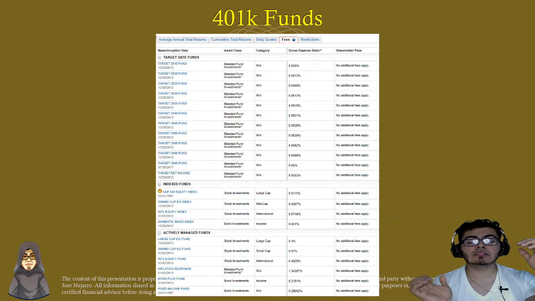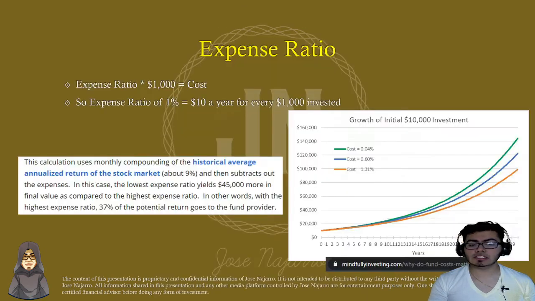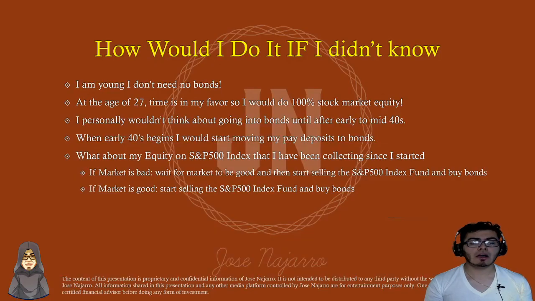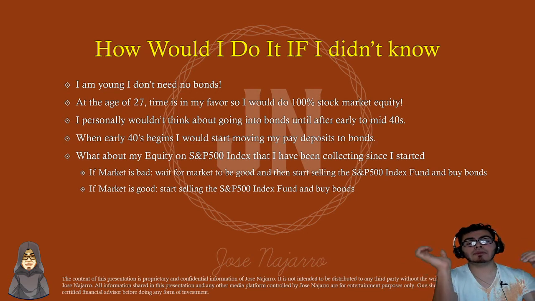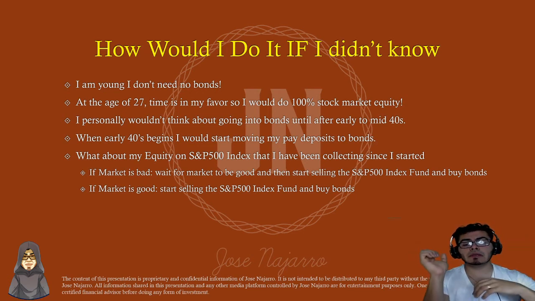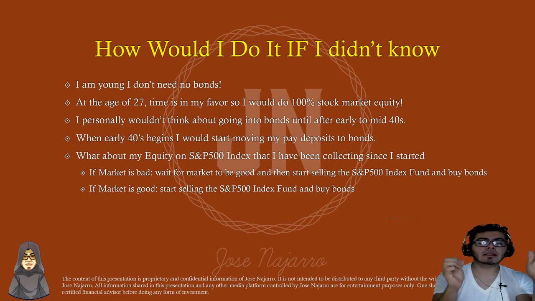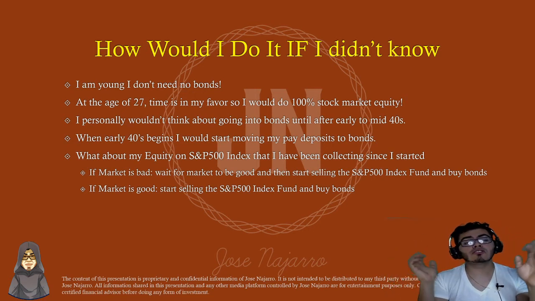So that's going to be increasing my bonds, the same way I was doing here, right? If the market is good, I start selling out of my S&P 500 investments and start buying my target funds, and like that, eventually I would be building up the perfect balance of stocks to bonds.